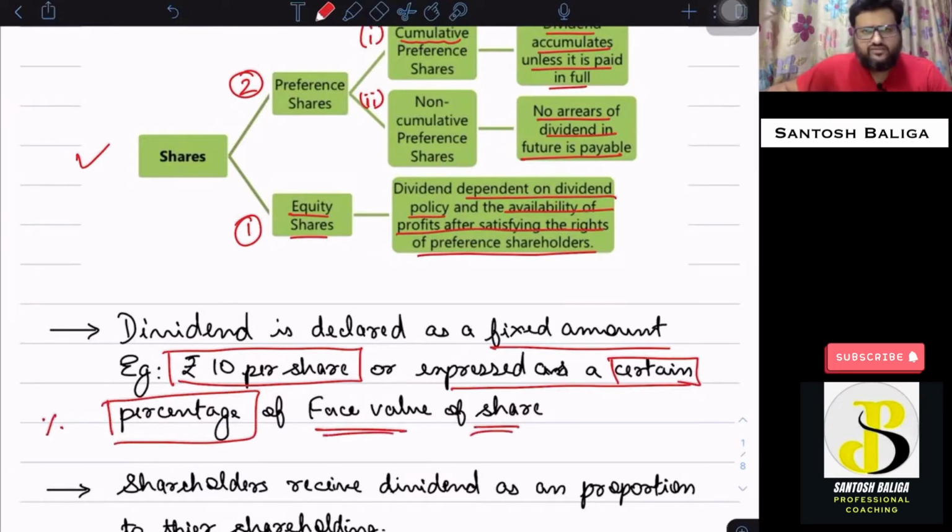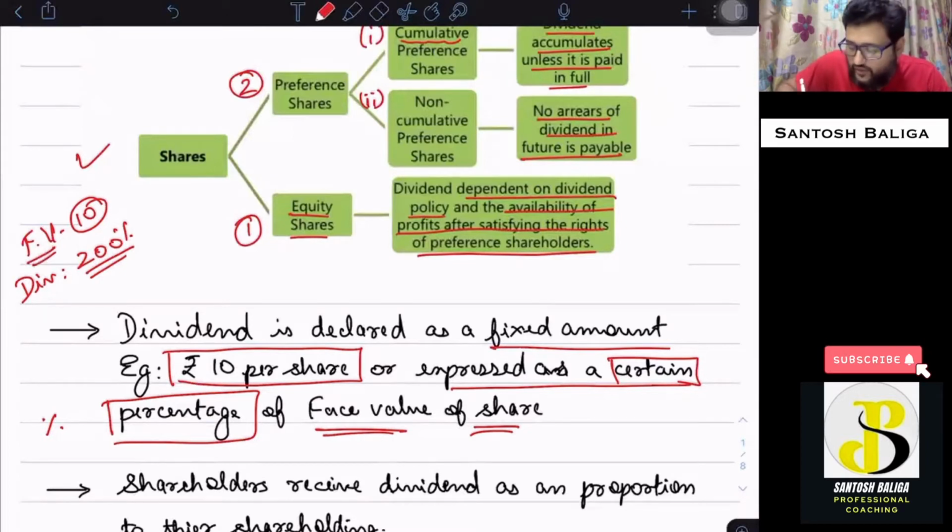See, for example, if a particular company has shares of face value of 10 rupees per share, and the company declares dividend at a percentage of say 200%. 200% in this case will be 200% of the face value of the shares. That means 20 rupees per share. 20 rupees per share. I hope this point is clear.